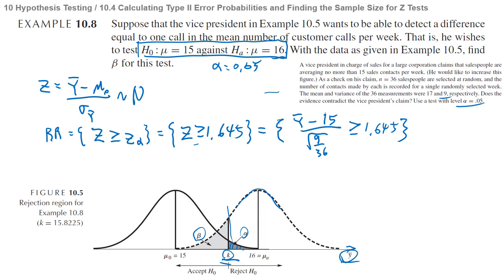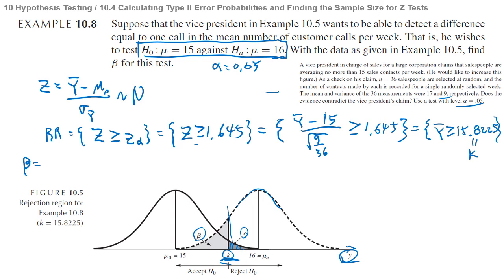If you calculate this with respect to y bar, you get that y bar is greater than or equal to 15.8225. So our k here is 15.8225. Okay, we calculated our k, and the next step is calculating beta.